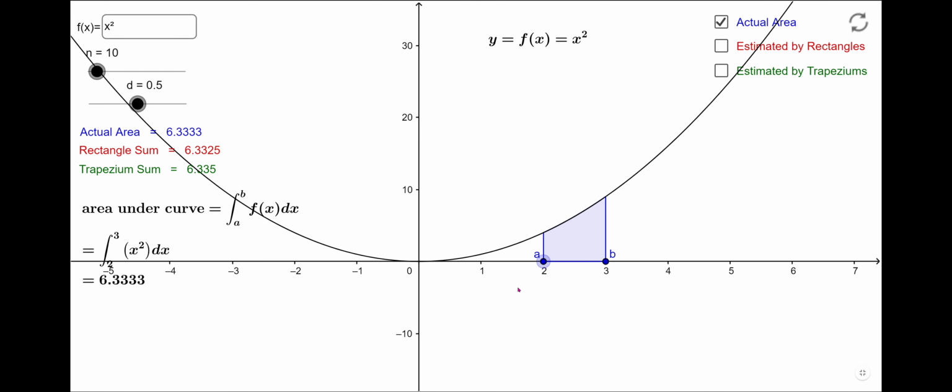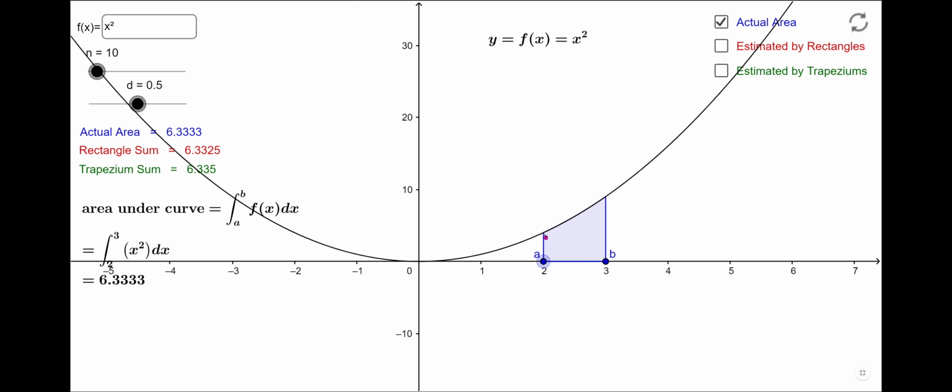When you work out this integral, you get this answer, 6.33, and this value is equal to the area under the curve.